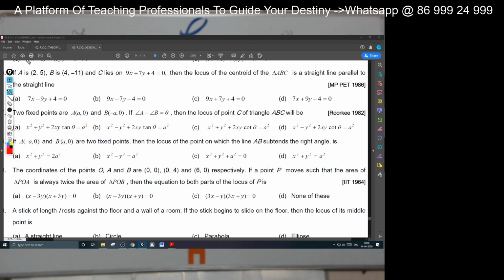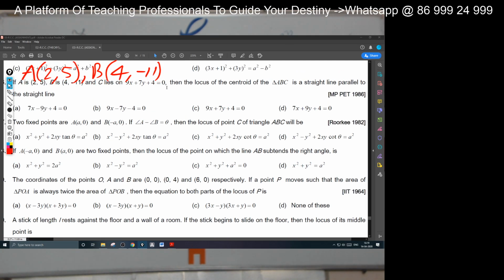Let me write that for the working purpose. A is (2, 5). B is (4, minus 11). And C lies on, what is it saying? C lies on 9x plus 7y plus 4 equal to 0.